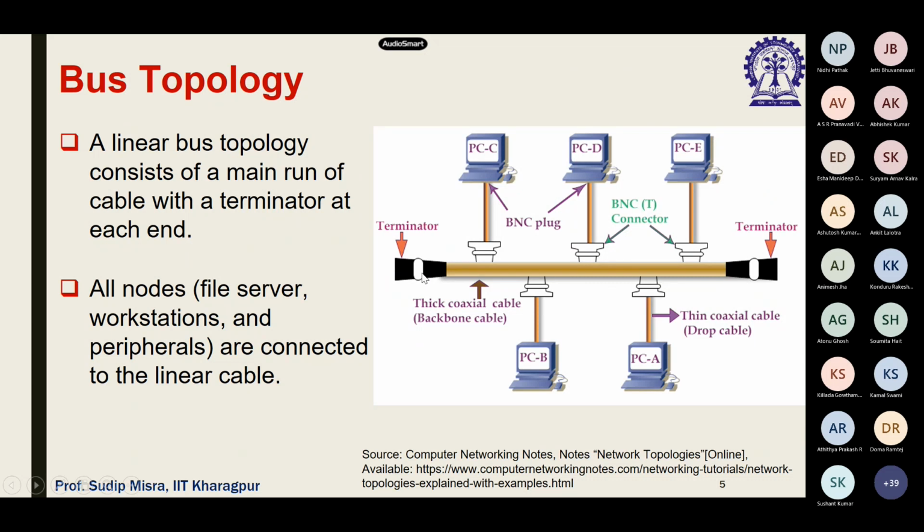If you do not have a device which is going to absorb the signal, then there will be reflections from both the ends, right? Reflections will cause unnecessary noise in the data transfer. That is the reason you need these absorbing materials in the form of terminators. Is this clear to everyone?